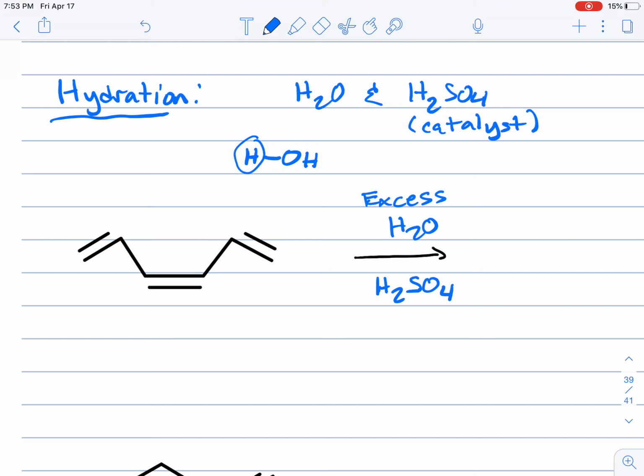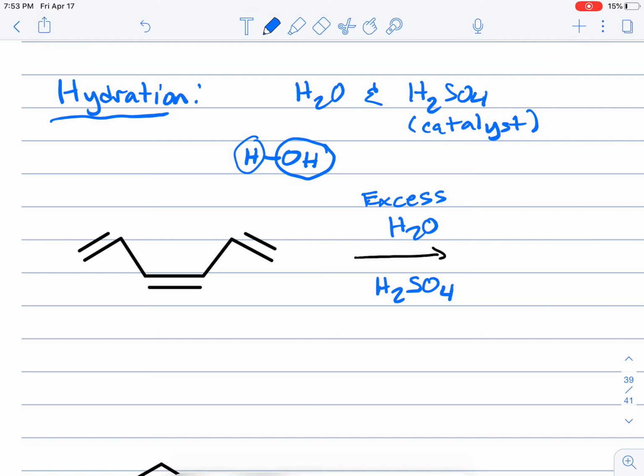Think about it like a party. And the hydroxyl group, it's that friendly person that just gets along with everyone. So it's going to go to the carbon that has the least number of hydrogens between that double bond.